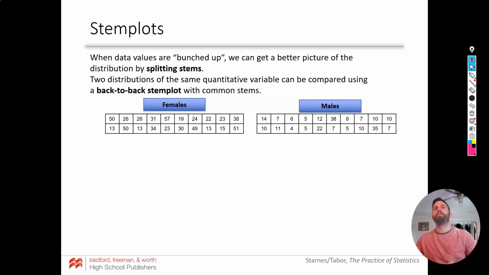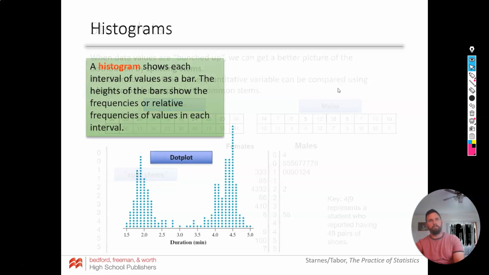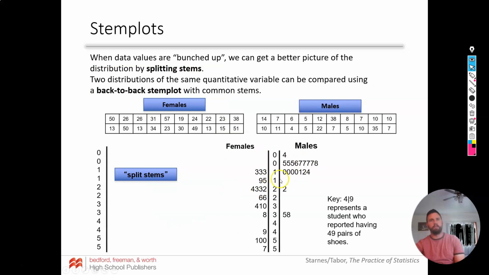Now, sometimes we want to show that most of the data is either in the lower half or upper half of, let's say, the 20s. Most of the data is like 21, 22. There's not many 29s. Then we might split the stem. Is that used a lot? No. But this is what they look like. We split them.